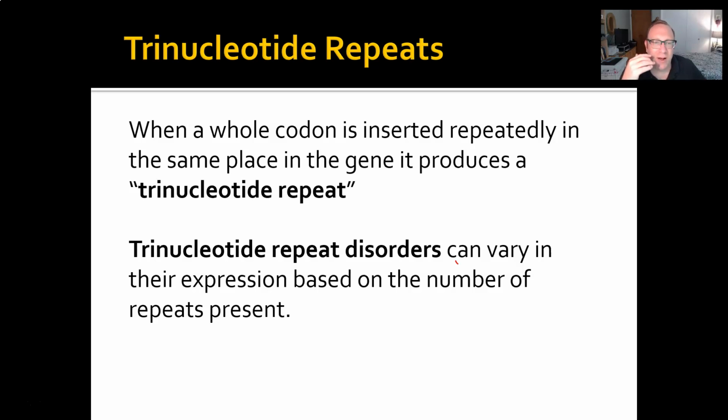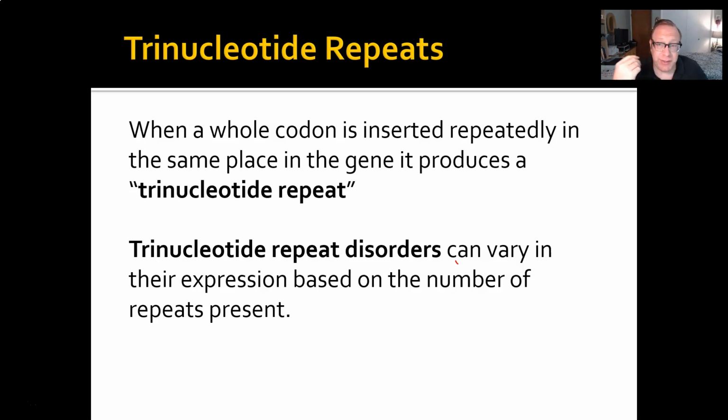Okay, now I want to talk about trinucleotide repeats. There's a whole class of diseases caused by these. A trinucleotide repeat is, well, trinucleotide means 3 nucleotides, and what do we know 3 nucleotides are? A codon, right? So it's a repeat of a codon over and over and over again in the DNA sequence.